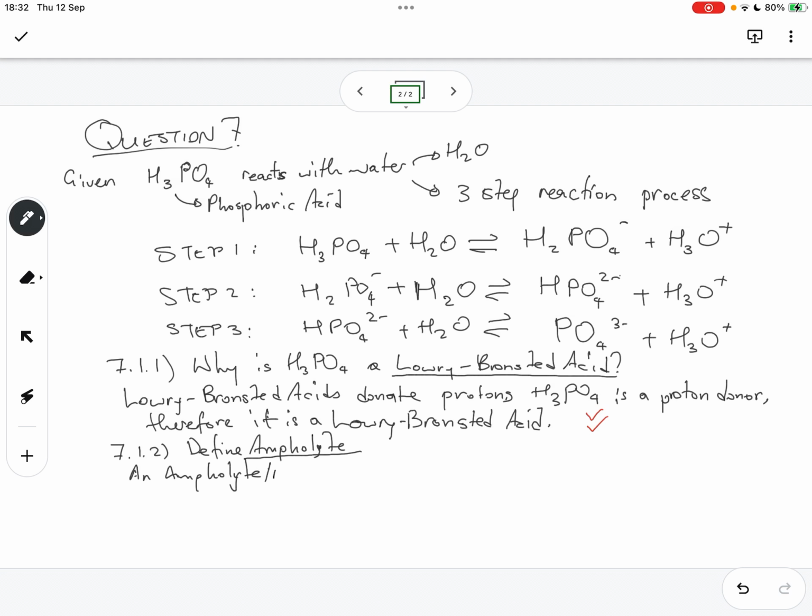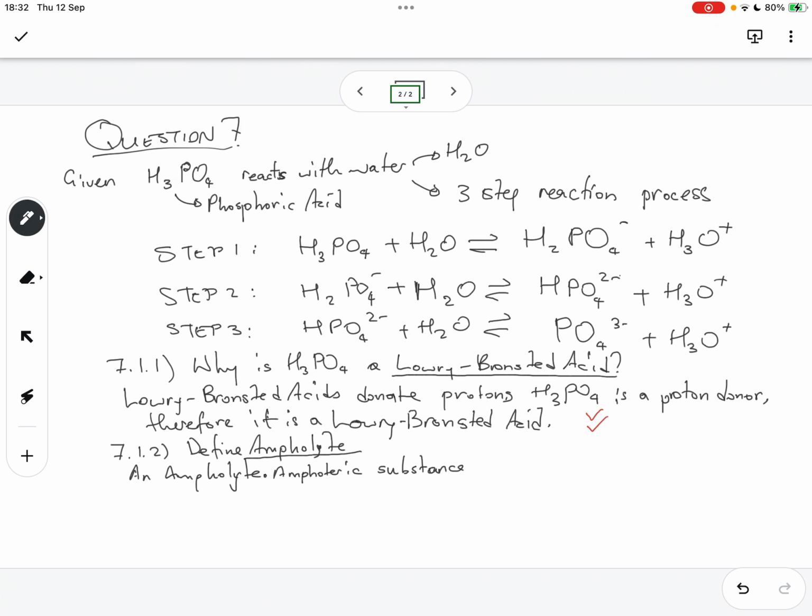So ampholyte or amphoteric substance. Amphoteric is the type of substance, but ampholyte is a term that describes the substance. Ne? So ampholyte is the same as an amphoteric substance.